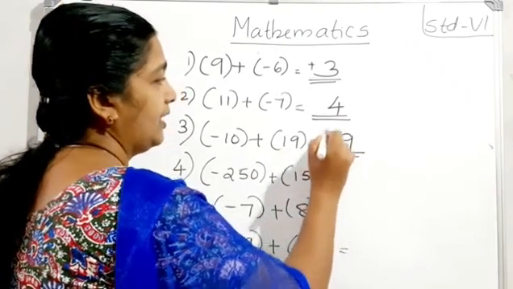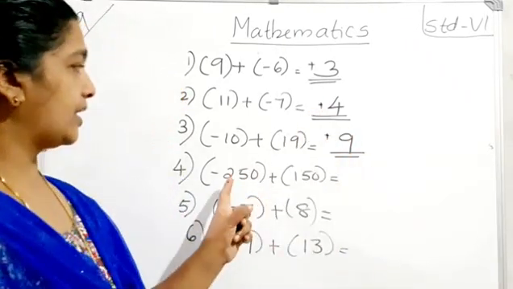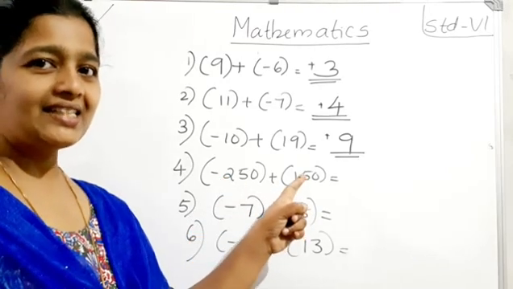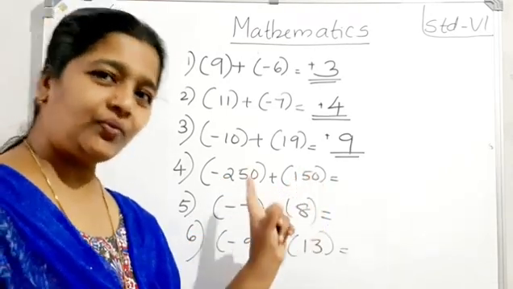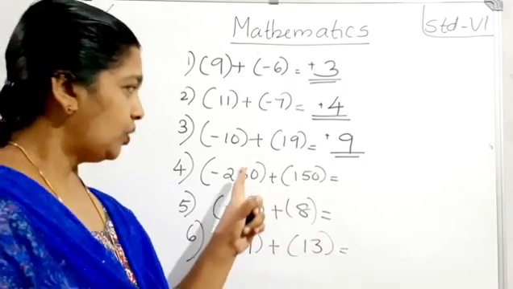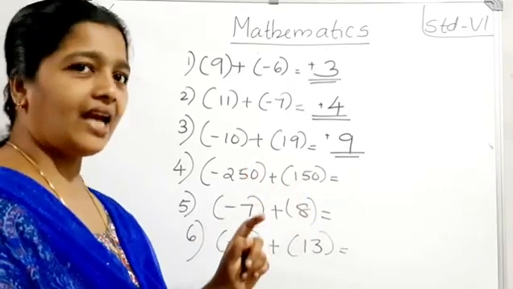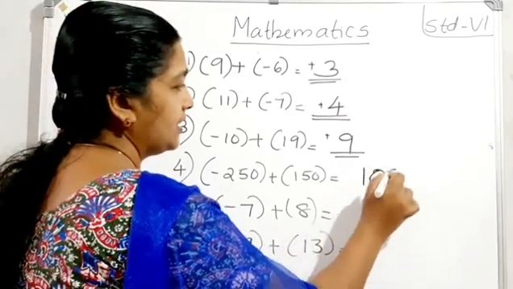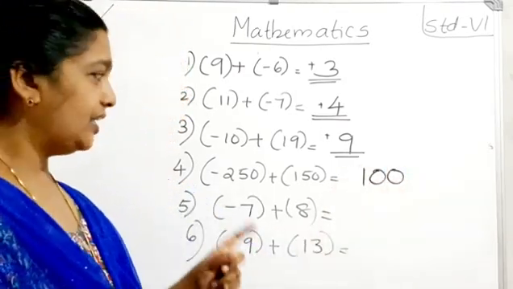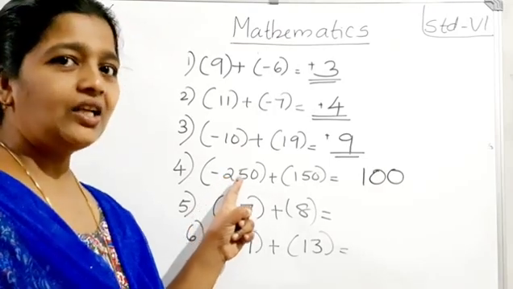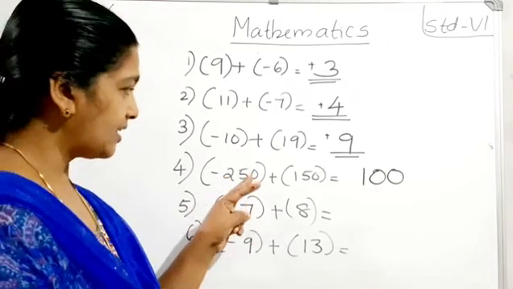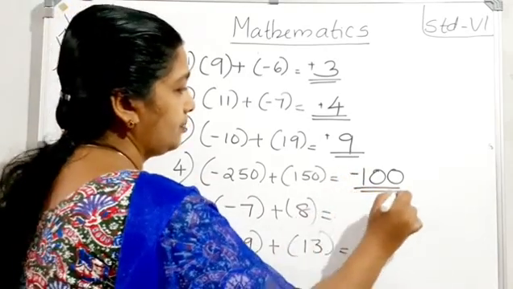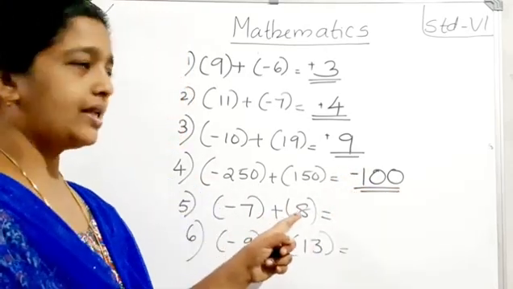Okay. Clear? Next. -250 plus 150. Say which is the greatest number? 250 is the greatest. 250 minus 150. Answer, 100. Then which symbol do we put? Negative. What is the reason? 250 is the greatest here, and its symbol is negative. Then -7 plus 8.